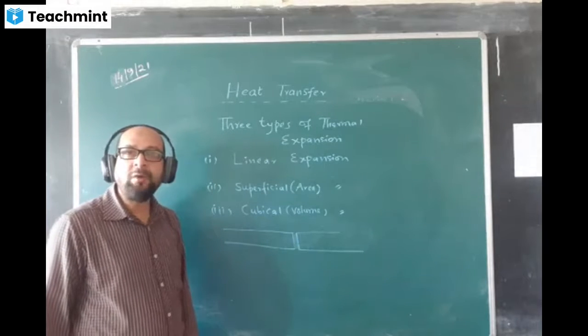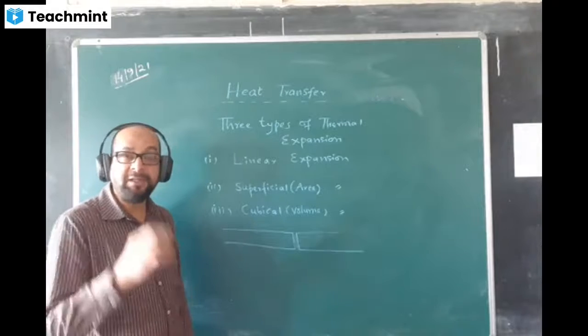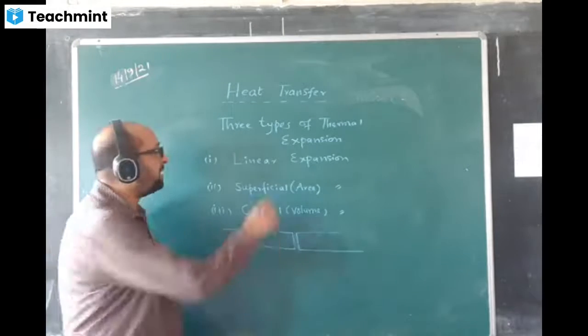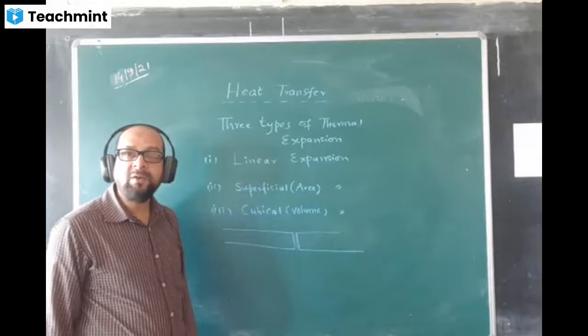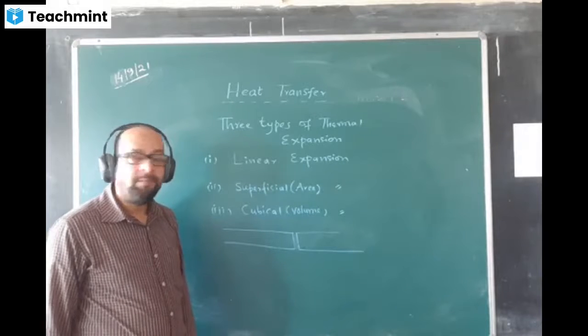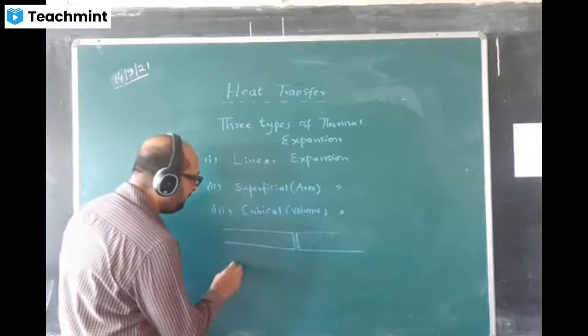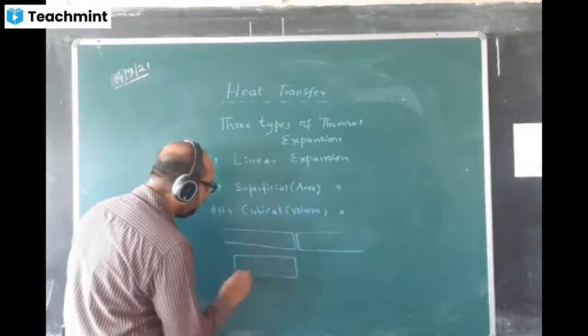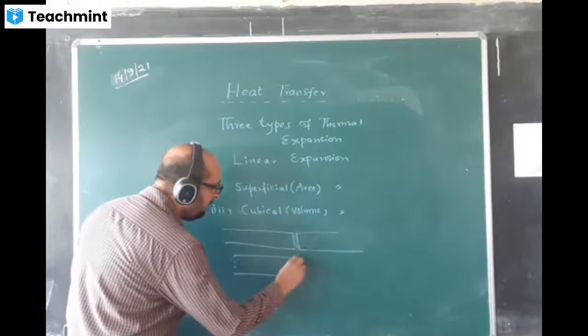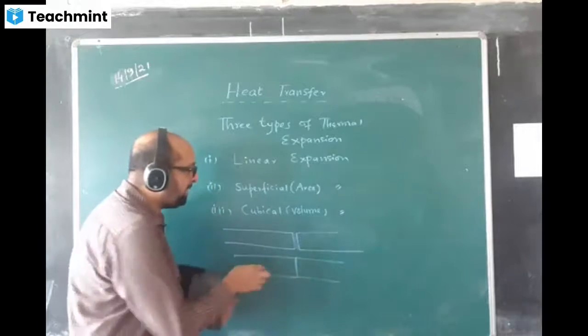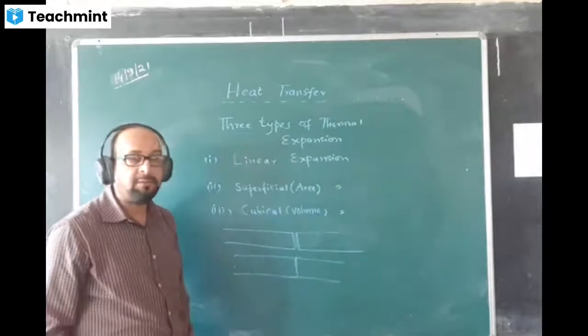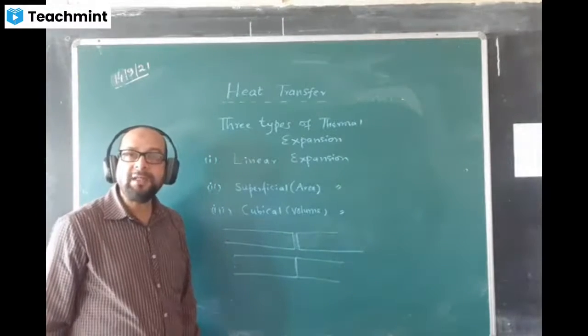The gap will accommodate the linear expansion so that accident does not take place. But if you keep one track and another just touching each other in the beginning, when the expansion takes place, where can we accommodate that expansion?